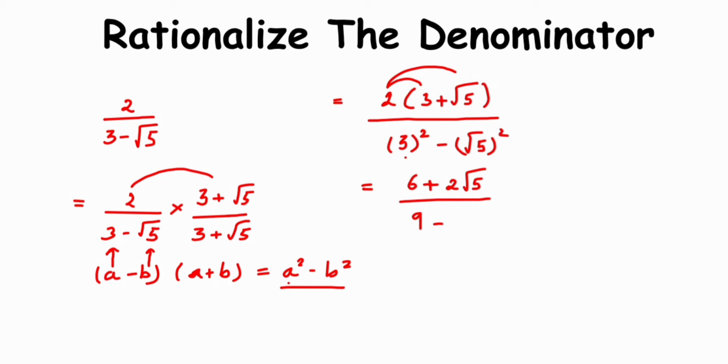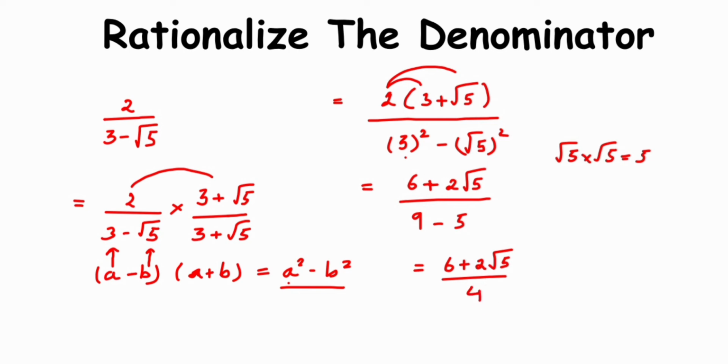Root 5 square is nothing but root 5 into root 5, which is 5. So this is equal to 6 plus 2 root 5 upon 9 minus 5, which is 4. So you can see that in the denominator we got a rational number.